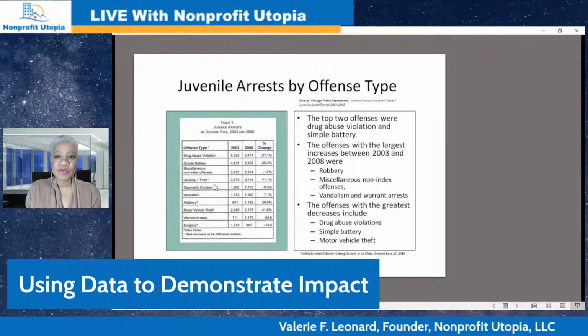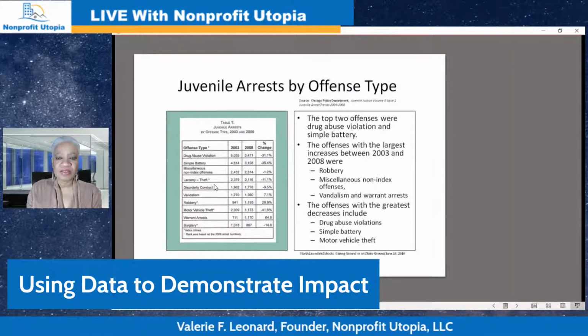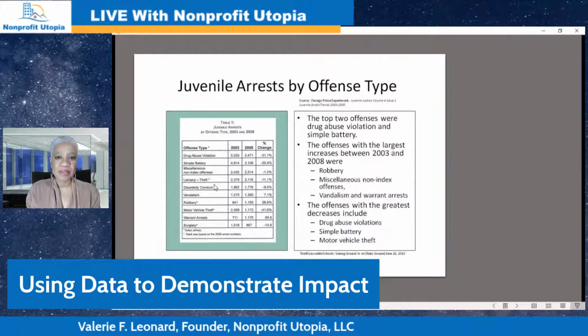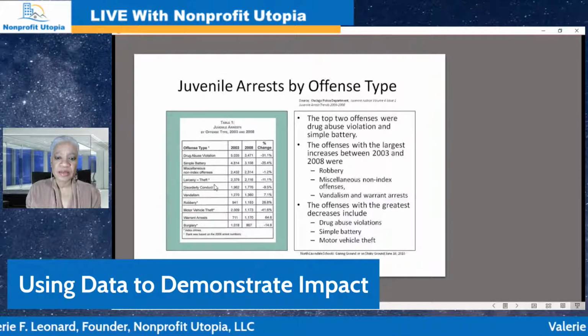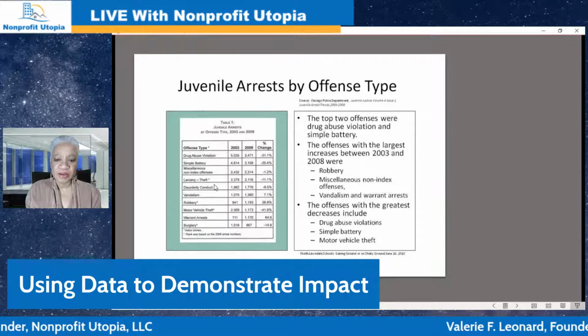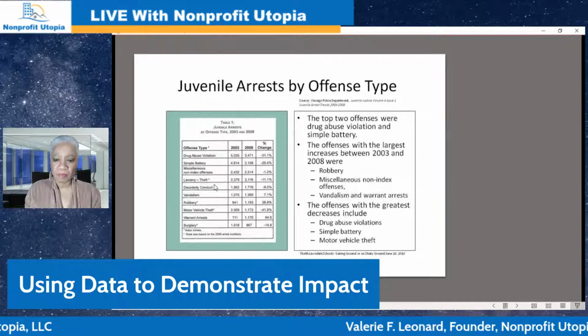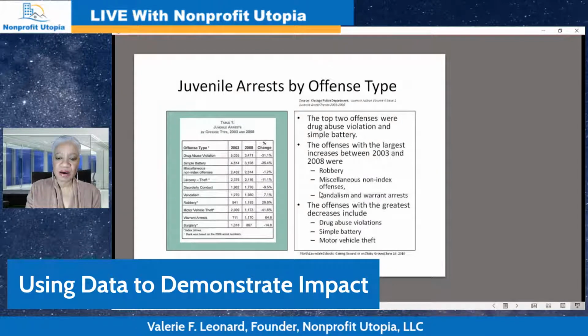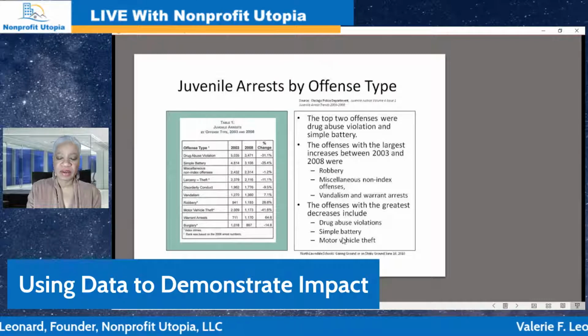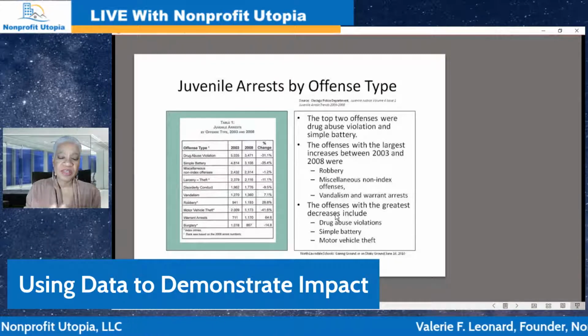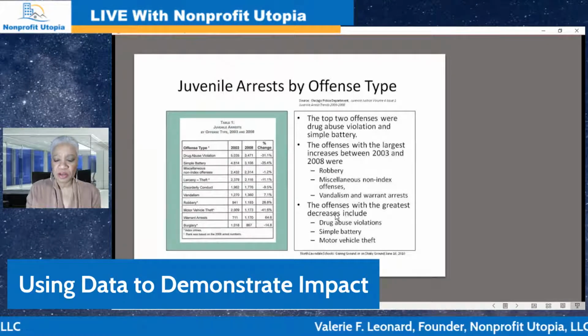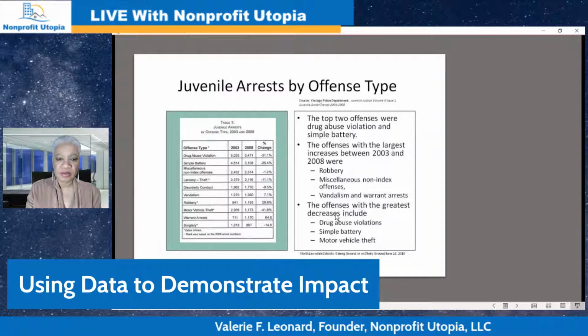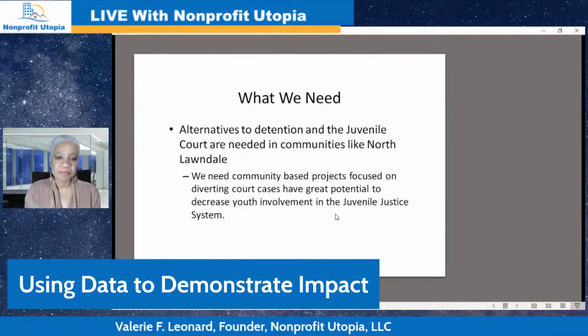Now, it would be really interesting to see how this looks today because crime has indeed increased over the past year or so. The offenses with the greatest decreases are drug abuse violations, simple battery, and motor vehicle theft. Even though they're decreases, they still make up a larger percentage of all the crime.